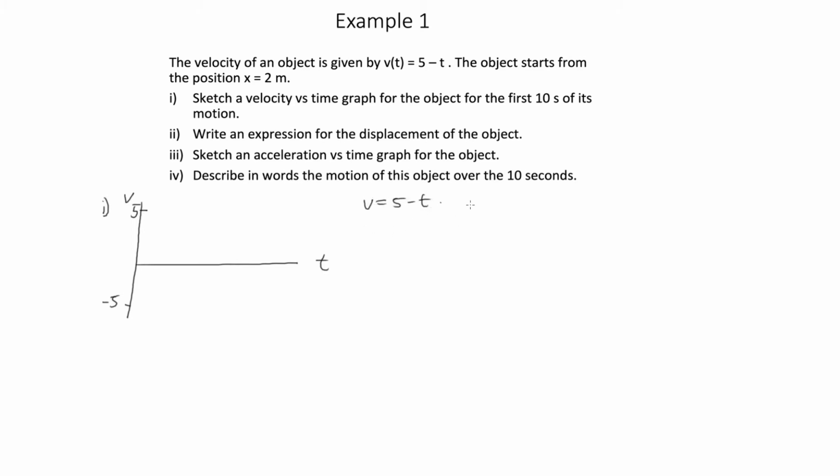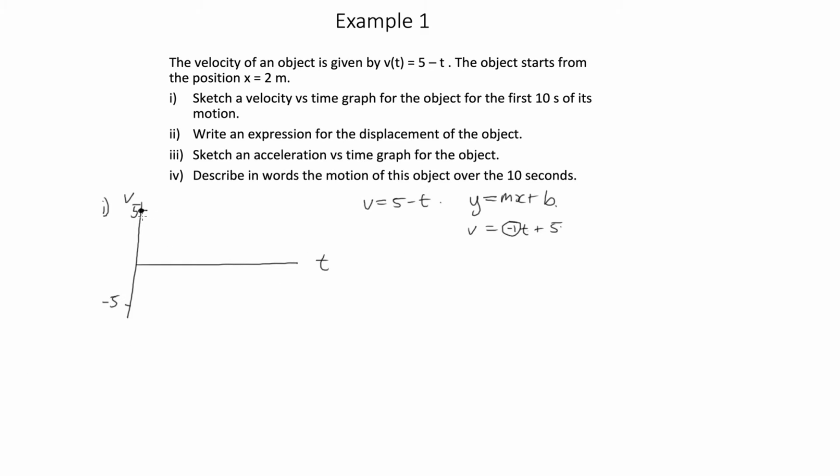And just remember that our equation for a straight line is y is equal to mx plus b. In this case, we've got v along the y-axis. The gradient is the thing in front of the x, but along the x-axis, we've got t. So in front of the x here, we've got minus 1, and then we've got plus 5. So the y-intercept is 5, so we've already noted that when t equals 0, it goes through 5, and the gradient is minus 1.